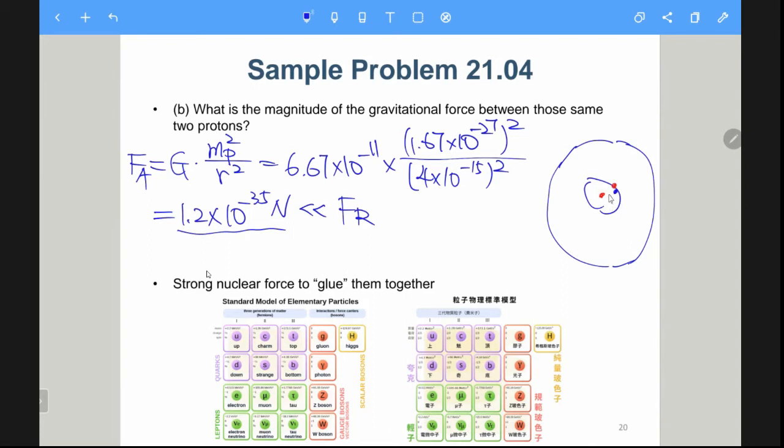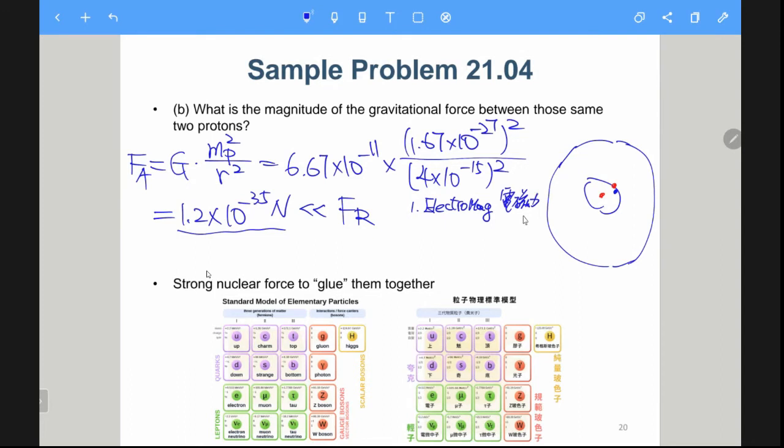And actually, maybe in high school physics, the teacher may tell you that there are 4 types of forces in the universe. One type is the electromagnetic force. So you will learn it in this semester.